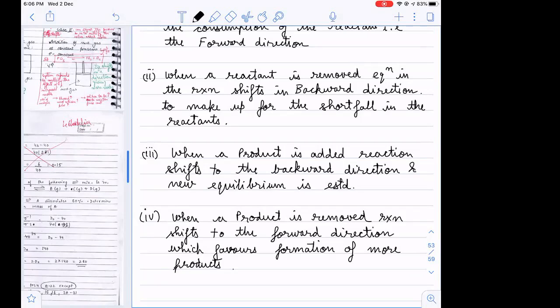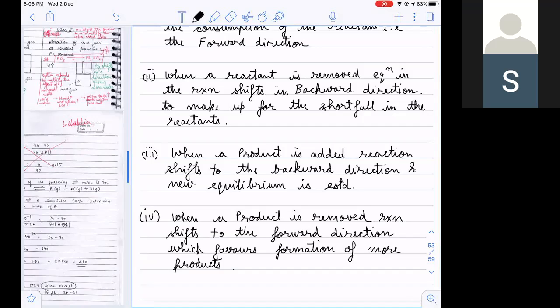Now, what you have done is you have added the product. What is the imbalance here? Product has become more as compared to the reactant. Le Chatelier will again say, nullify the change. So you will take the reaction in the backward direction from product to the reactant so that the excess added product is consumed.